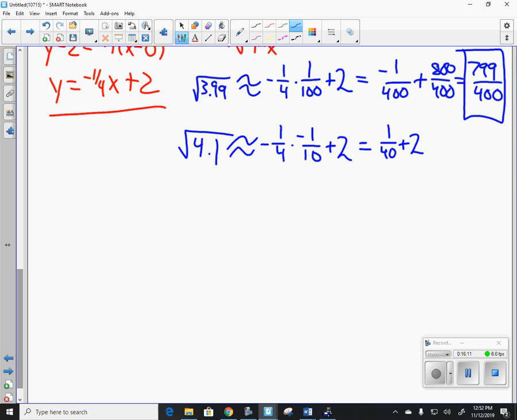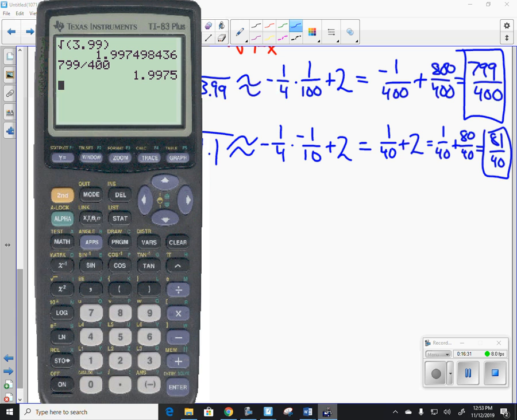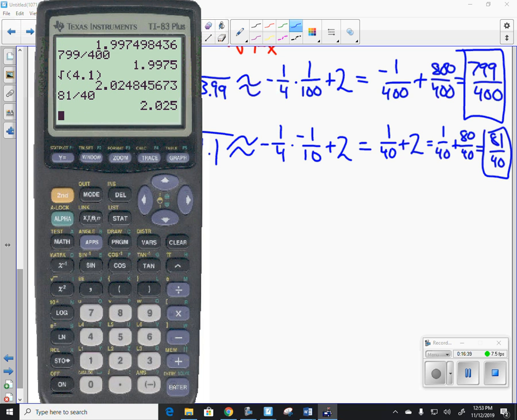Common denominators? 1 over 40 plus 80 over 40, and I get 81 over 40. Let's check and see how that turns out. Square root of 4.1, and I'll try 81 divided by 40 and see if I get something close. I think that's pretty good.